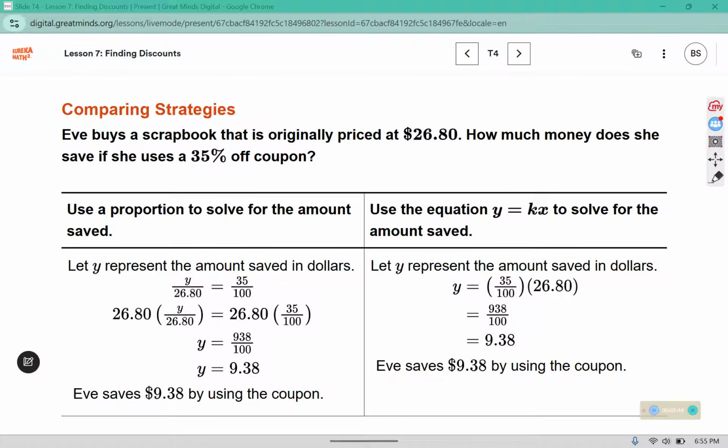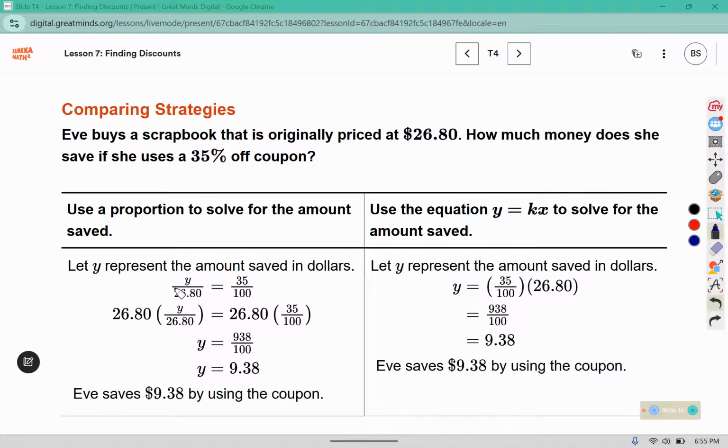Here it says, Eve buys a scrapbook that is originally priced at $26.80. How much money does she save if she uses a 35% off coupon? The left side shows writing it as a proportion to solve it. So you can see that they've placed the whole and the part and the percent and the 100.